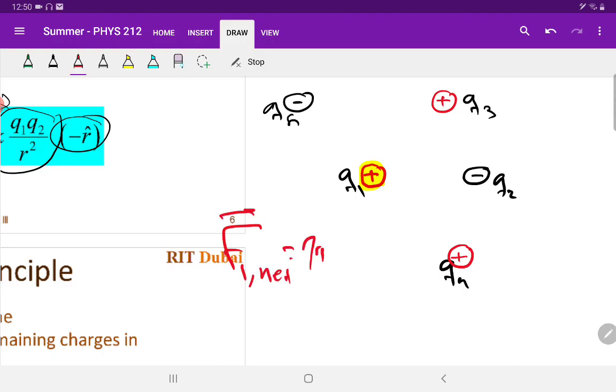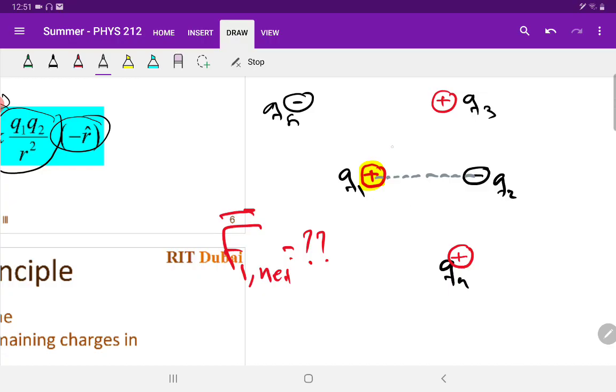How can we find this force? All we need to do here is look at each pair separately. I know Q1 and Q2 will interact with each other, and based on that interaction, Q1 will feel a force from the second charge.